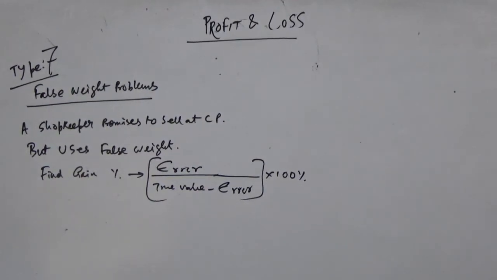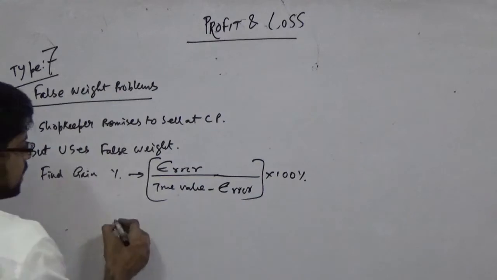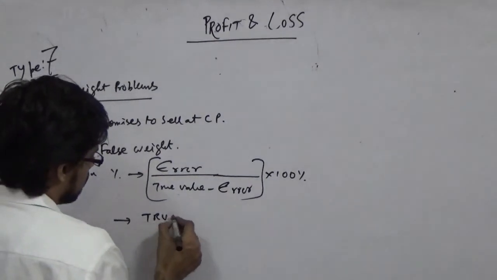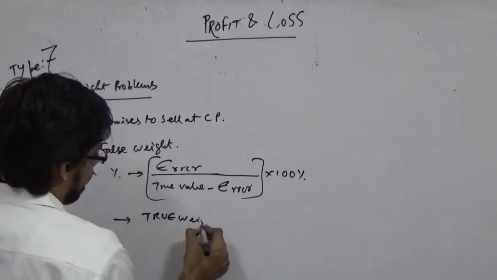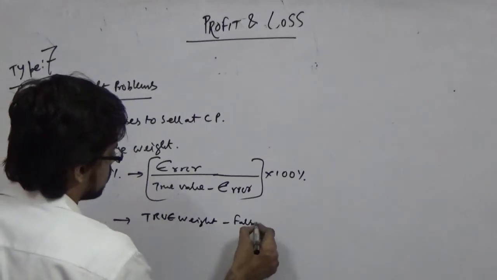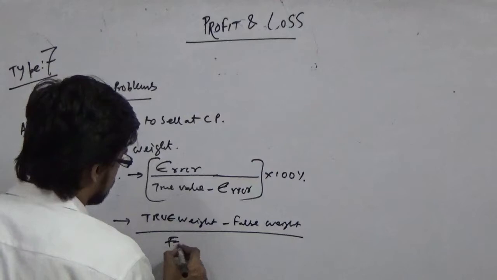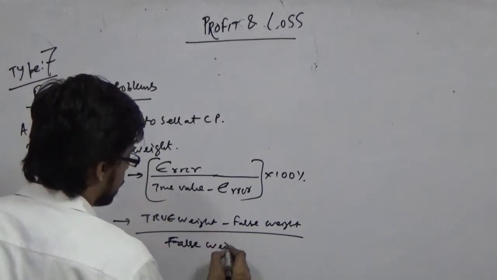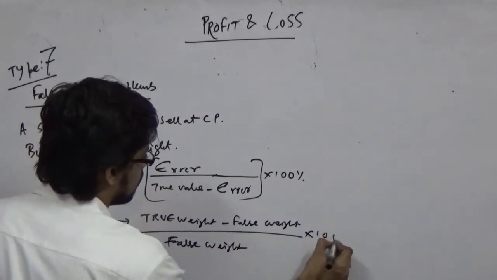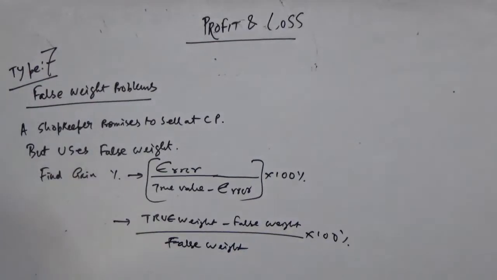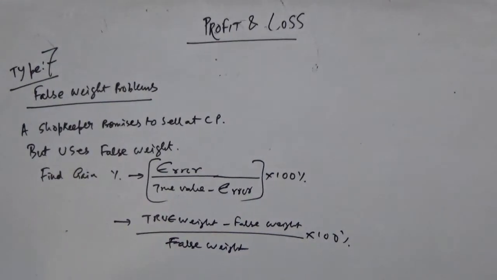So it is actually true weight minus false weight divided by false weight into 100. In that way you can write true weight minus false weight divided by false weight into 100%. Okay, so this is the percentage structure.